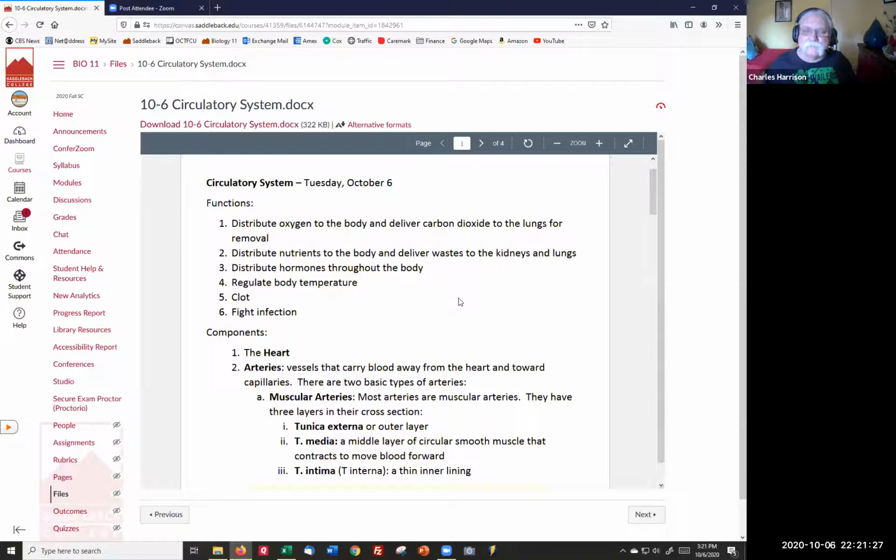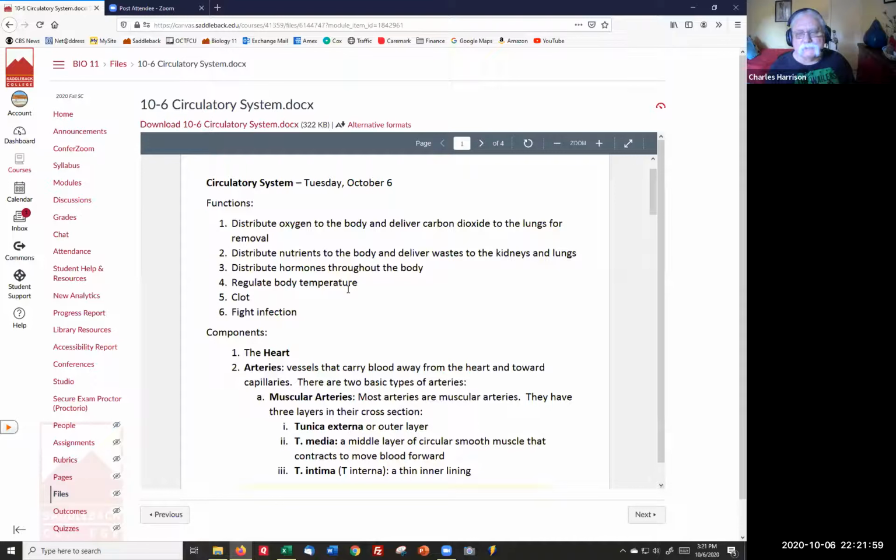The circulatory system also distributes nutrients to the entire body, and wastes to the kidneys and lungs. Hormones are distributed by the body. A lot of people forget that one. The hormones produced by the endocrine glands are picked up by the blood that passes through the endocrine gland itself and distributed throughout the entire body.